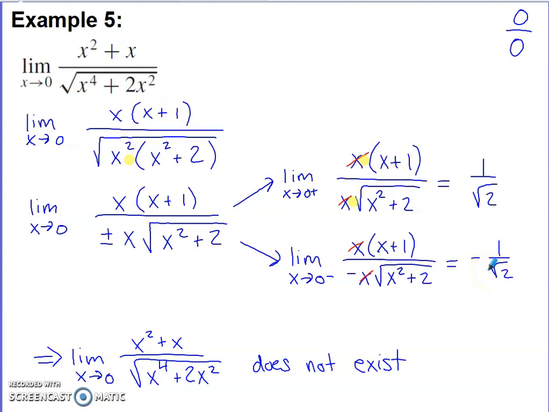So on the smaller side of 0, when I put 0 in place of these x's that remain, I do end up with 1 over the square root of 2, but it now has the opposite sign. So this is a situation where our one-sided limits do not equal each other, and when that happens, the general limit is going to be one that does not exist.